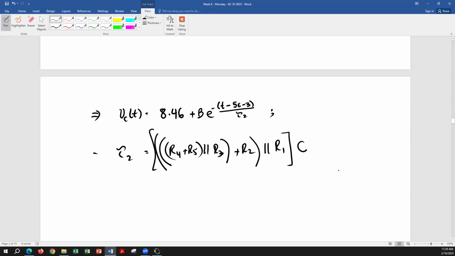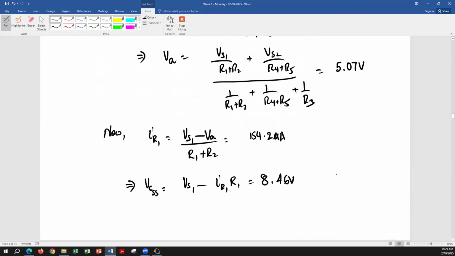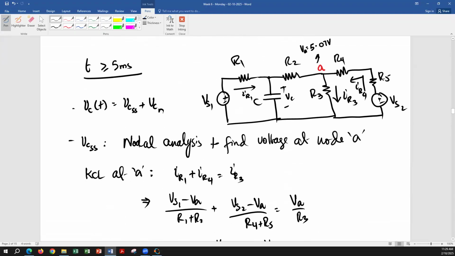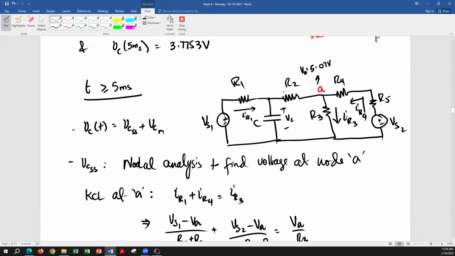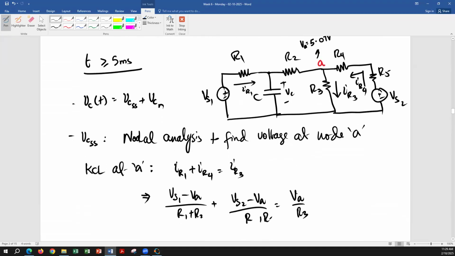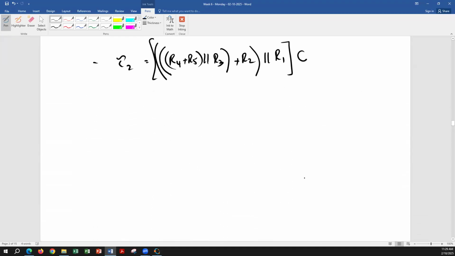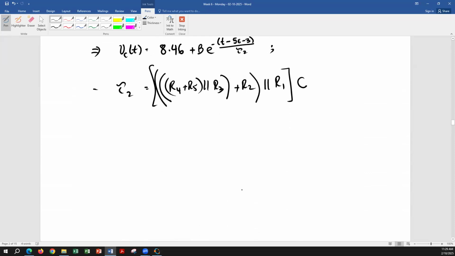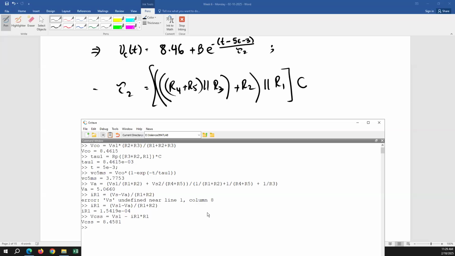R4 plus R5 parallel to R3, plus R2, in parallel with R1, times C. Okay, let's do that.